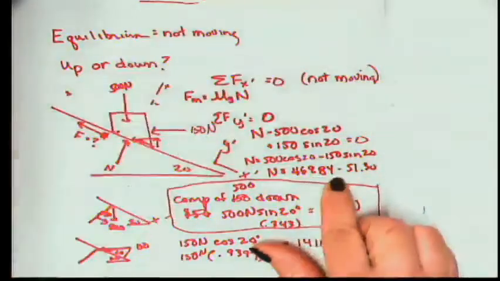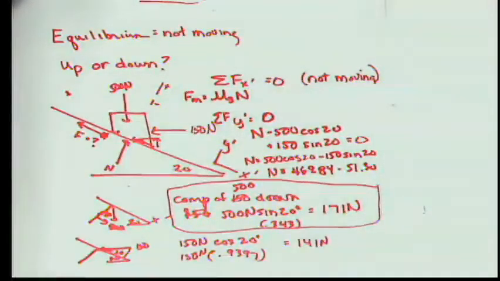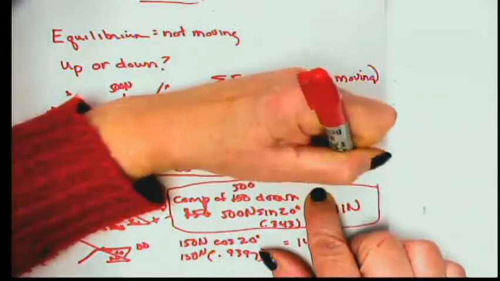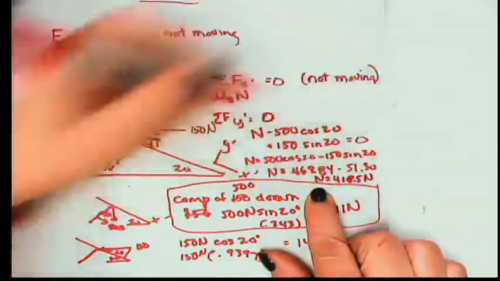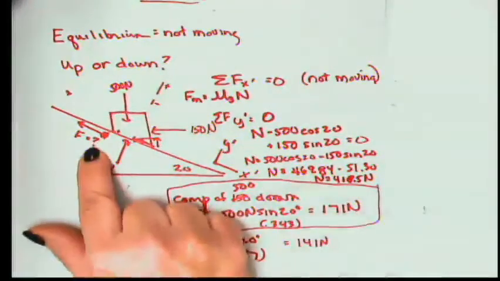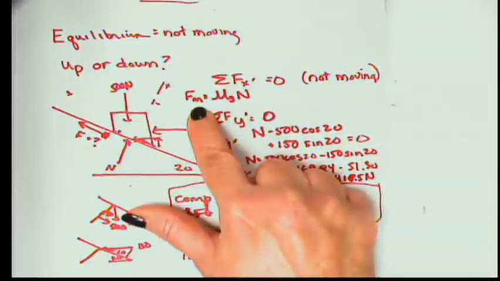So if I take 469.84 and subtract 51.30, I get 418.5 newtons.